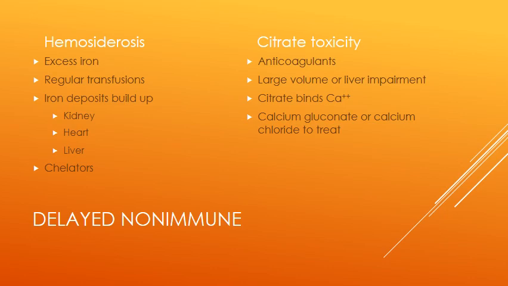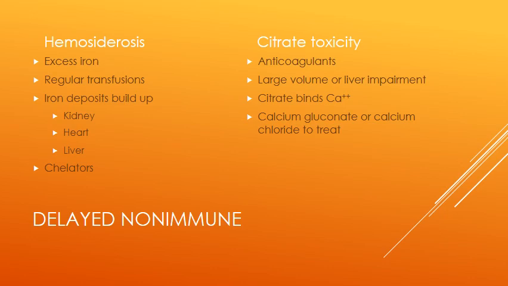We only excrete about 1 milligram of iron a day, usually in our stool. So if you have thalassemia and you receive a transfusion every month or so, you're going to have iron overload, okay? Those iron deposits can occur anywhere, liver, kidney, heart, and they interfere with the function of those organs.